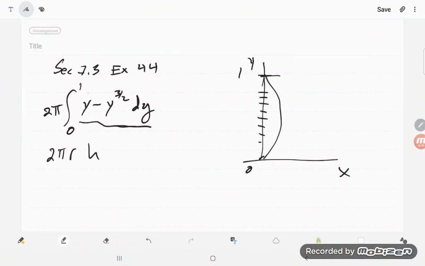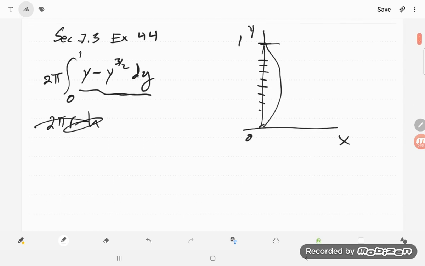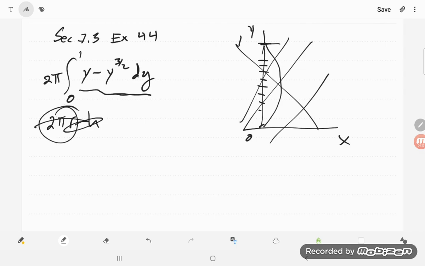So, yeah, I should have thought of this as, let's write that down, so that was bad. After I noticed the 2 pi and I thought shell method, I forgot to pull out r. And so I should think of this as 2 pi, the integral from 0 to 1 of y times 1 minus the square root of y, dy.